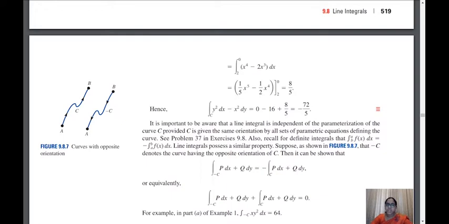So if we are given the integral over C, to calculate the integral over minus C we just have to multiply it by negative 1. Suppose the integral over C of p dx plus q dy is some k, then the integral over minus C of p dx plus q dy will be equal to minus k. So I hope that concept is clear for you.